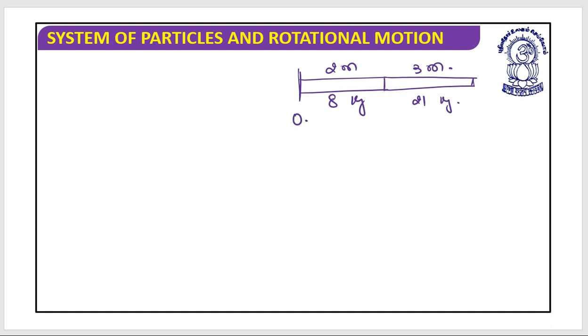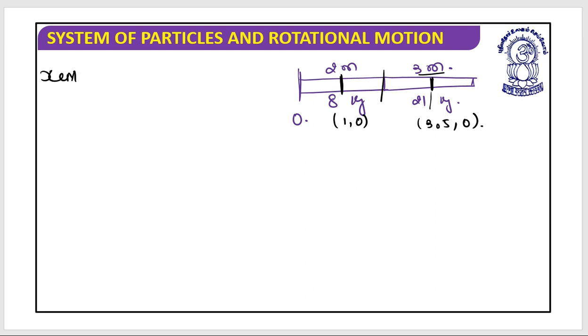The center of mass of the first rod is at the midpoint, so its coordinates would be 1 comma 0. This is 3 meters, so its midpoint is at 1.5 from here, so in total it's 2 plus 1.5, which is 3.5 comma 0.